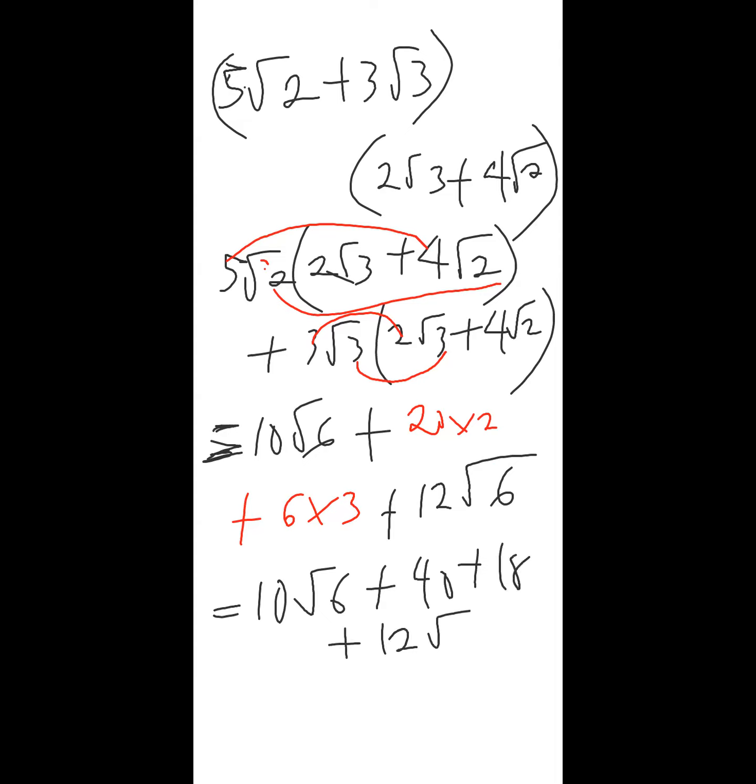And you can see that we can still add 10 root 6 and 12 root 6. 40 plus 18 is 58. So we have 58 plus 22 root 6. This is the result of the expansion.